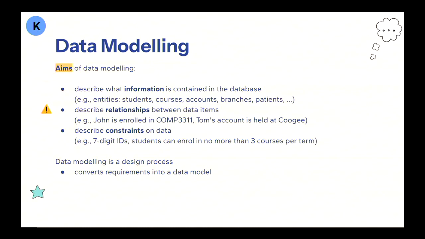It's just whether this design fits the requirements or not. So remember that this is a design process, and we need to convert requirements into a data model. And this data model doesn't have a global correct or wrong. So as long as you can justify why you make this decision, why you make this kind of design, it's okay.